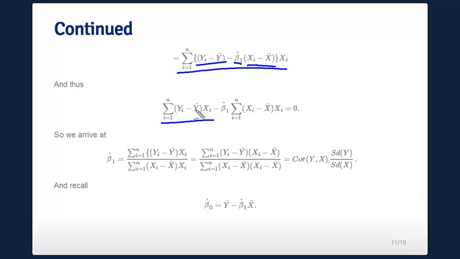We get the summation of yi minus y bar times xi, minus beta 1 times the summation of xi minus x bar times xi, equals 0. Beta 1 is what we want to solve for. We just solve and we get this guy right here. Beta 1 is the summation of yi minus y bar times xi divided by the summation of xi minus x bar times xi.